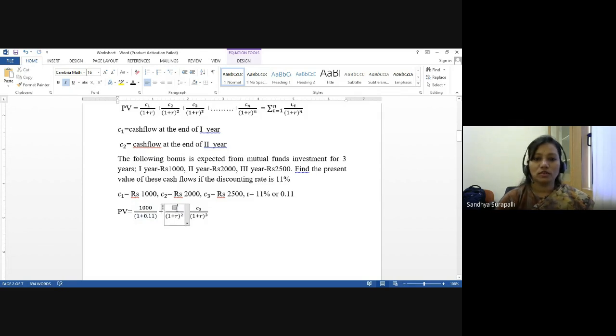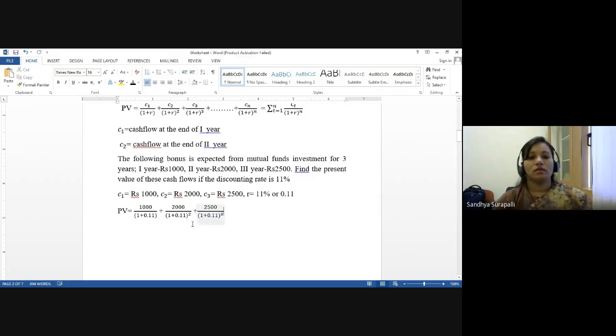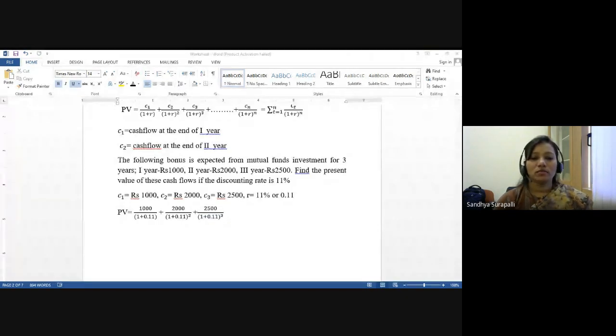The second cash flow is 2000 divided by 1.11 to the power 2. The third cash flow is 2500 divided by 1.11 to the power 3. Tell me what is the answer?